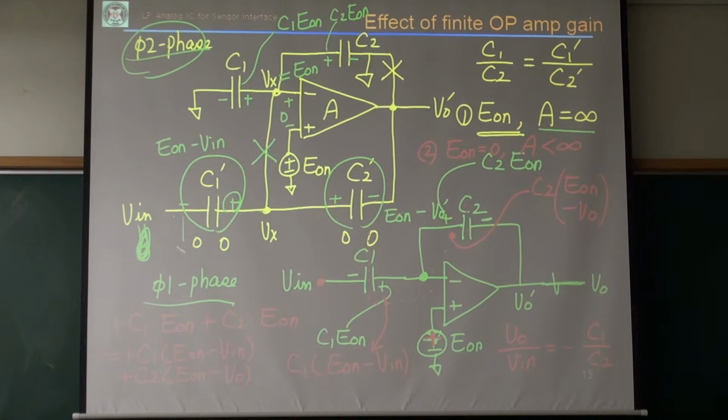Then there is just this path, right, during phi1. Yeah, they are completely discharged to 0. So actually, those charges C1 prime and C2 prime are isolated from this cassette. So there is no charge transfer between them.